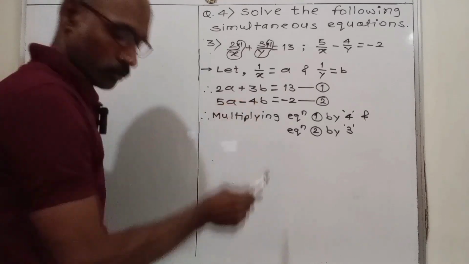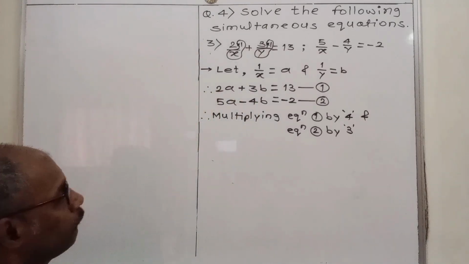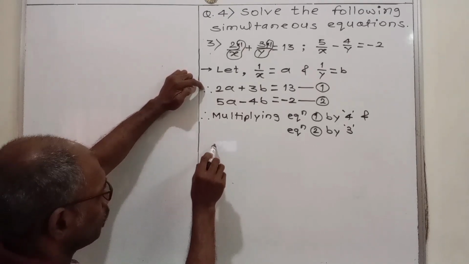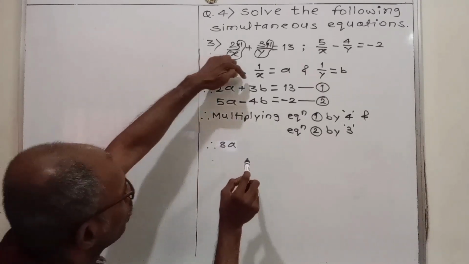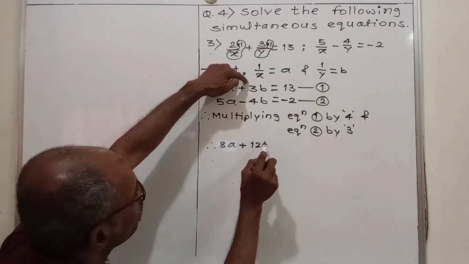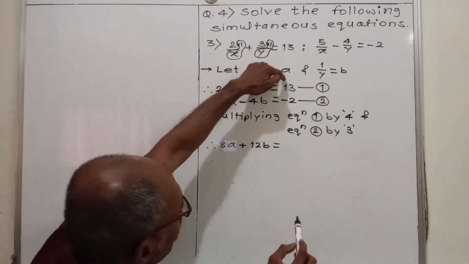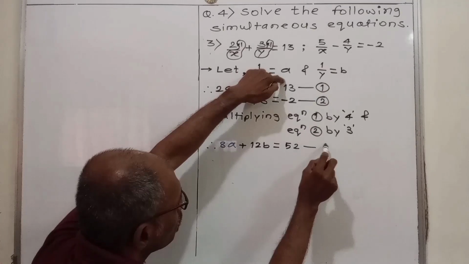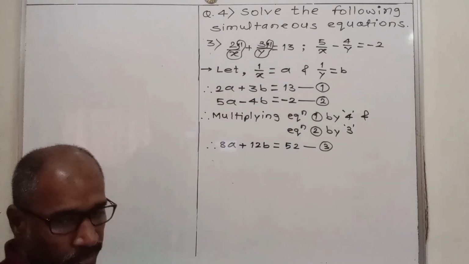Our new equations: we multiply this by 4, therefore 4 into 2, 8a plus 4 into 3, 12b is equal to 13 into 4, 52.